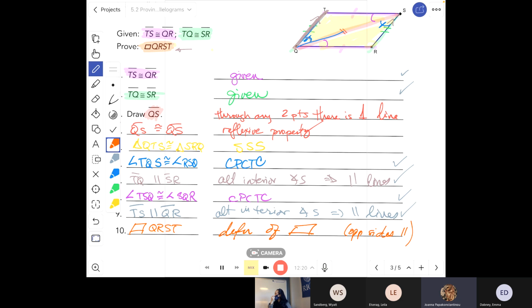You could also, instead of the alternate interior angles, use angle addition and show the opposite angles. Again, there's not just one clean proof. You can expand and contract on these.